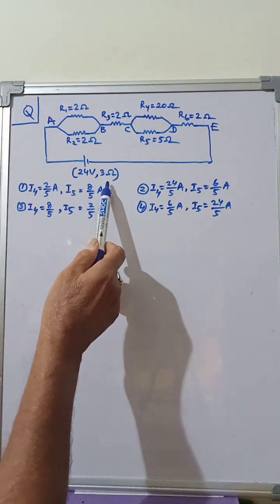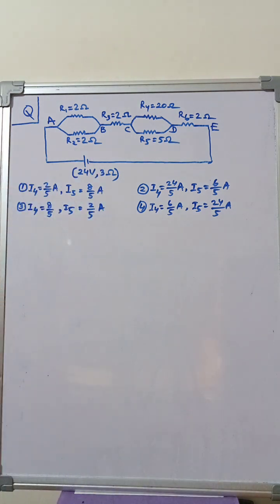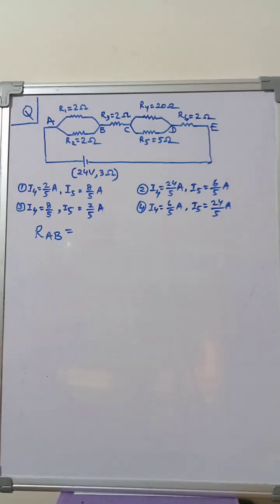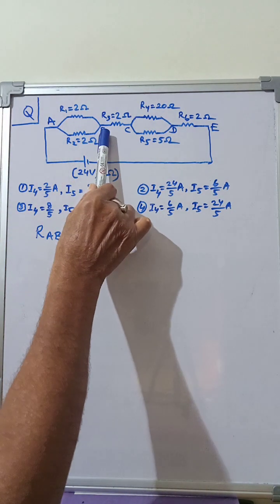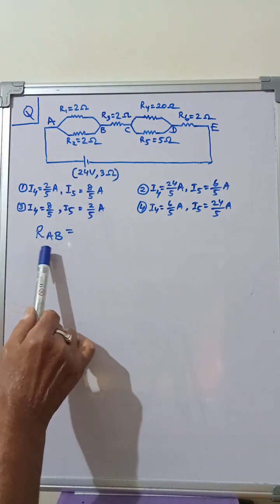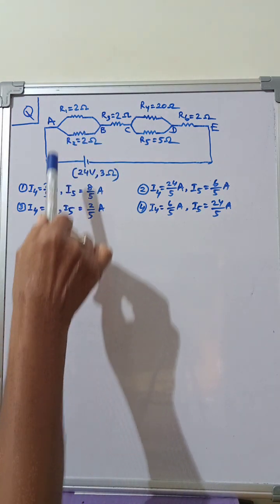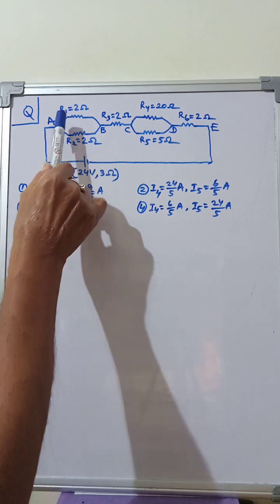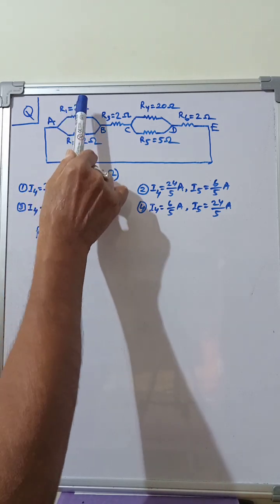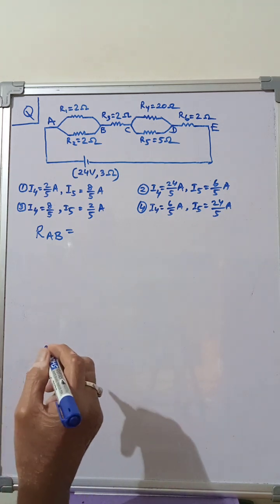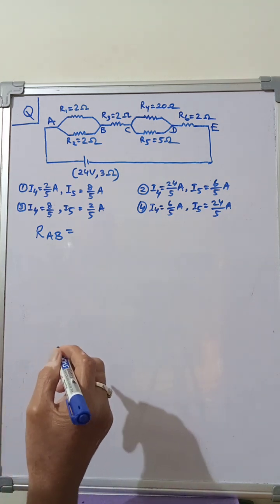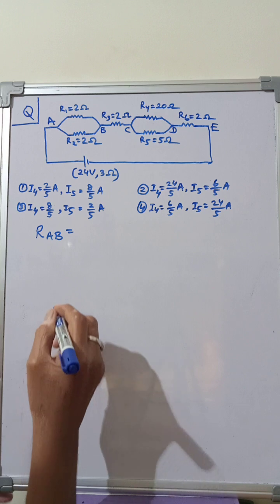And there is this internal resistance of 3 ohms also. Resistance between points A and B is represented by RAB. Between A and B, we have two resistances, 2 ohms and 2 ohms in parallel. Therefore, the resultant of these two 2 ohms in parallel is equal to 1 ohm.